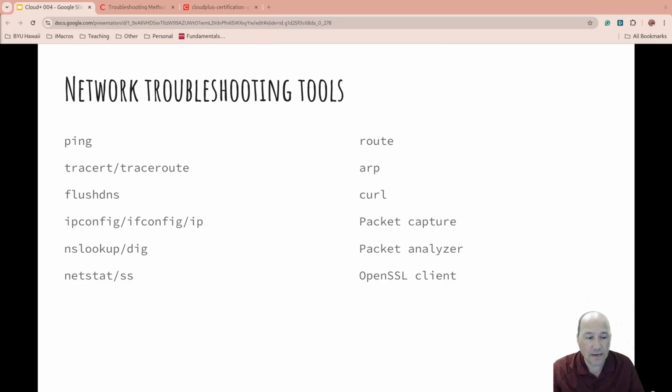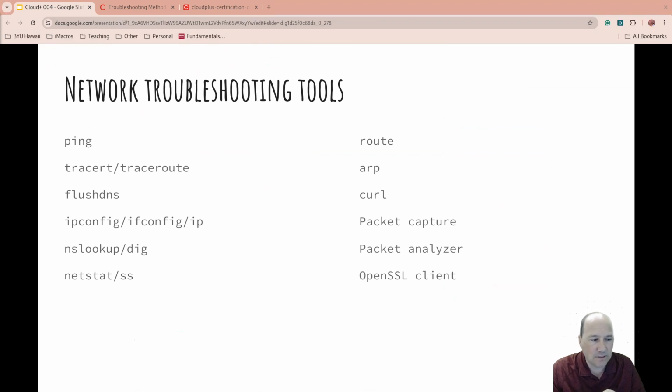ipconfig, ifconfig, and ip commands to try and get your IP address and different configurations associated with your IPs. nslookup and dig to look up host names and get information on them. netstat and ss to see the status of a system. I use netstat all the time.